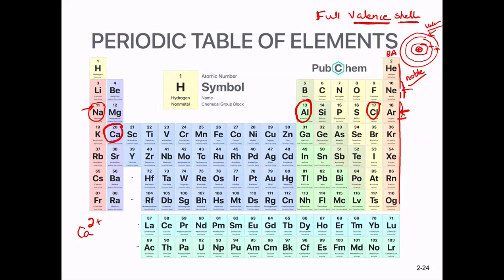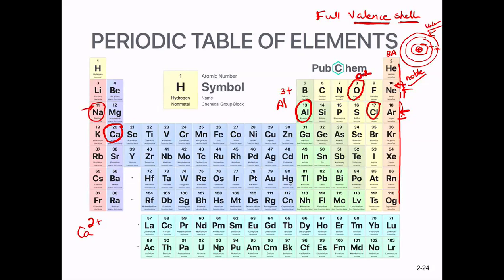So aluminum tends to form cations with a 3+ charge. We see that oxygen with 8 electrons gains 2 electrons and has a full valence shell like neon, so oxygen tends to form ions with a -2 charge.